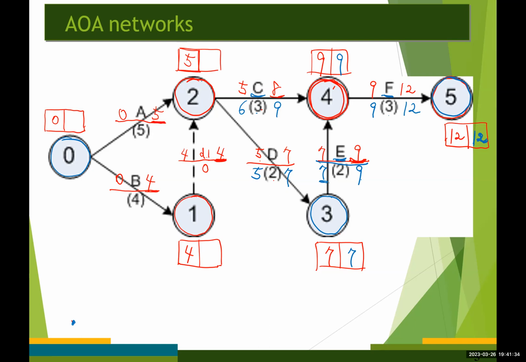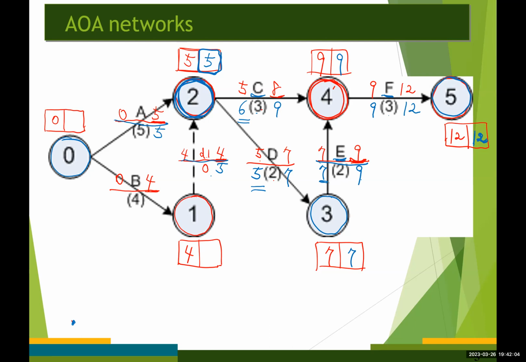Now we need to determine the latest time for event number 2 here. So we're going to take the smallest value this time, between this 6 and 5. It's going to be 5. Then the latest finish time for the dummy activity and activity A is going to be 5.